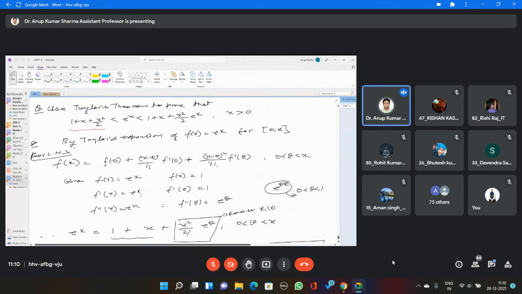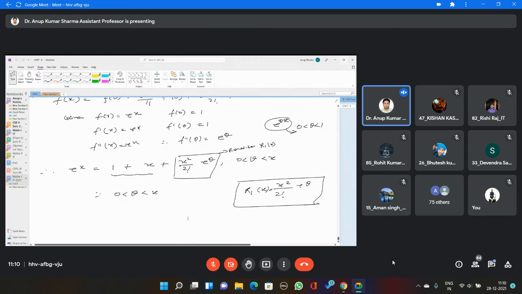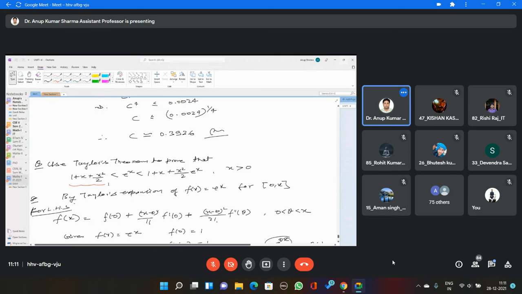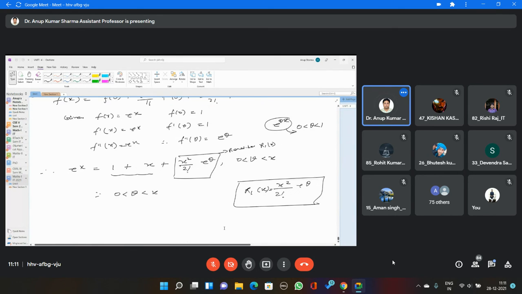But now we can remove e to the power theta so that we make it an inequality with e to the power x. This is the reason, because we cannot write x cube upon factorial with e to the power theta, so we cannot find this expression. So the remainder we are including with this degree.